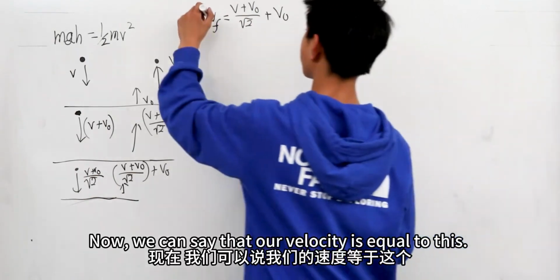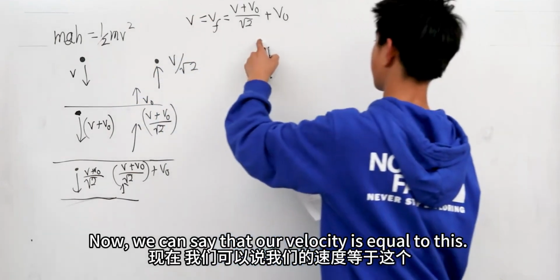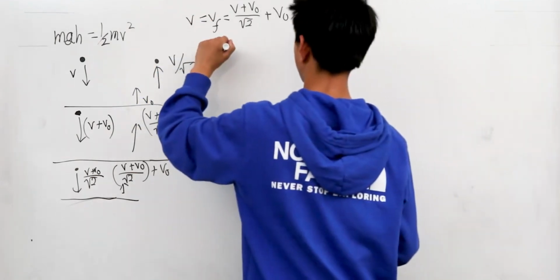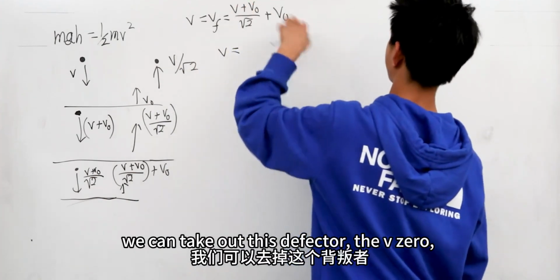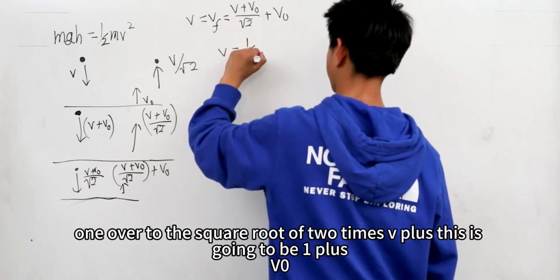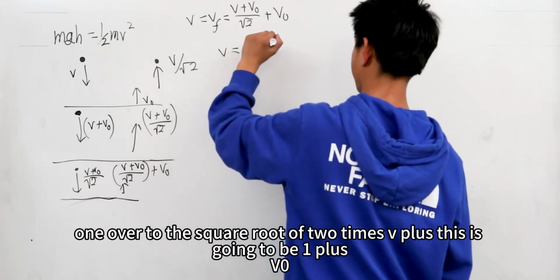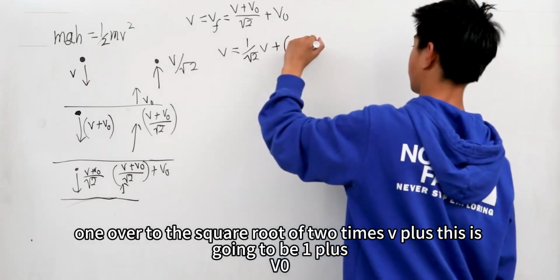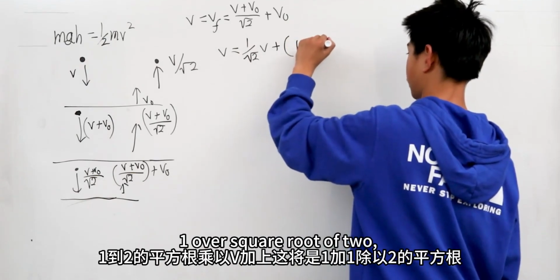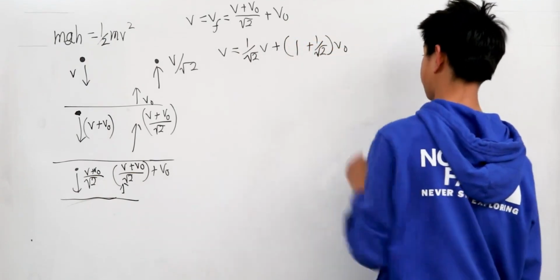Now, we can say that our velocity is equal to this. So, factoring this in simpler terms, we can factor out the v0: 1 over the square root of 2 times v plus 1 plus 1 over the square root of 2 times v0.